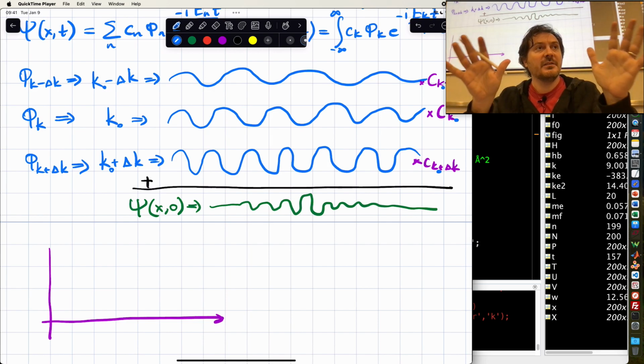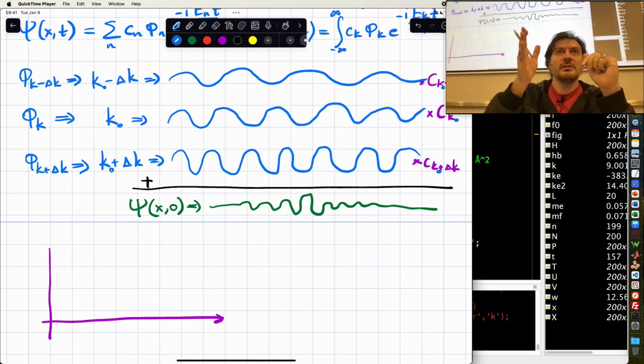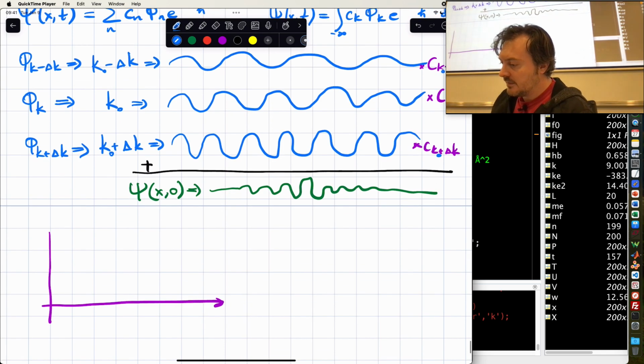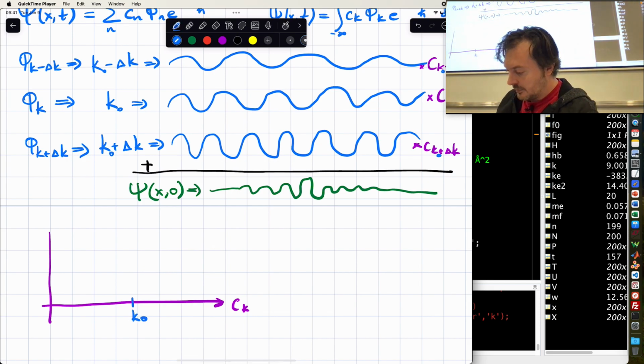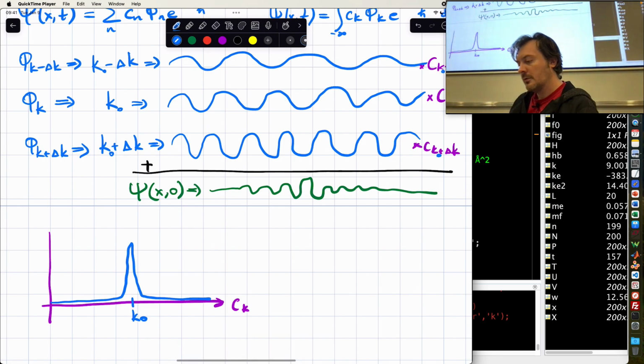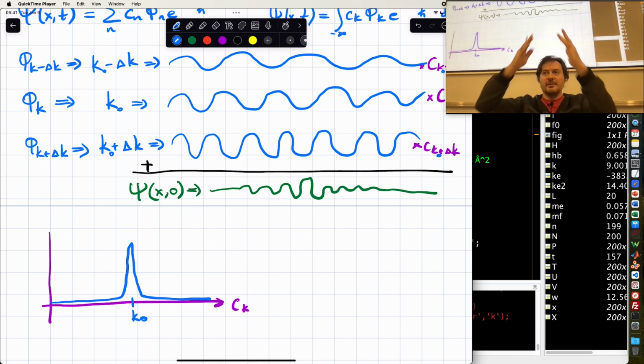The next best thing is to be at a certain k0, but to be around it. So if you plot these c_k's, it looks like this. There is some k0 that you want the particle to have, and your coefficients are arranged around it. You can make it as narrow as you want, but you can't go all the way. That's not allowed.